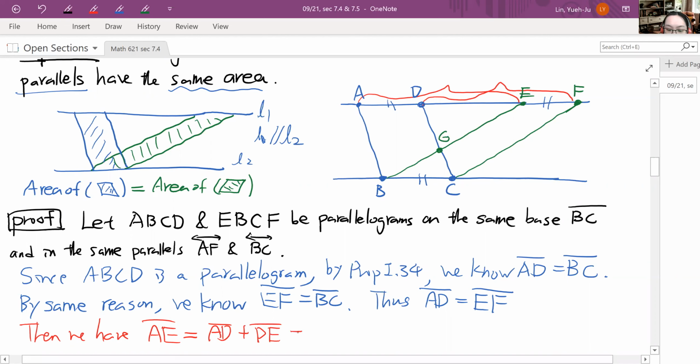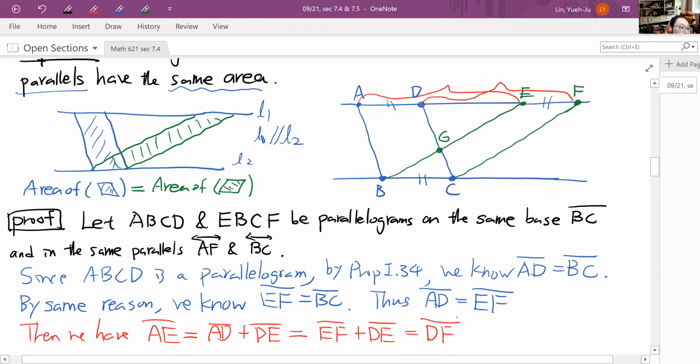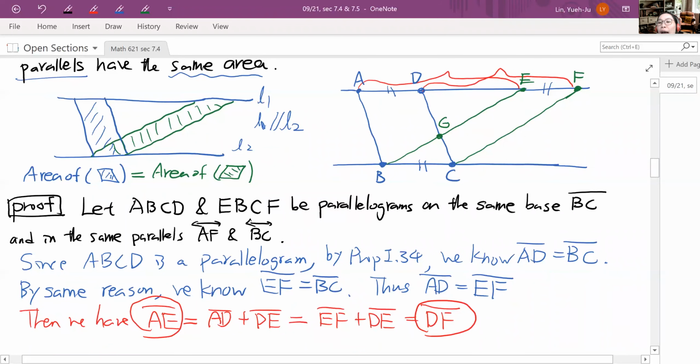But we just obtained that AD equals EF. And we keep the DE, right? So EF plus DE is going to be the same as DF, right? So right away, we also know that AE is going to equal DF, okay? So now we have essentially AE equals DF, okay?